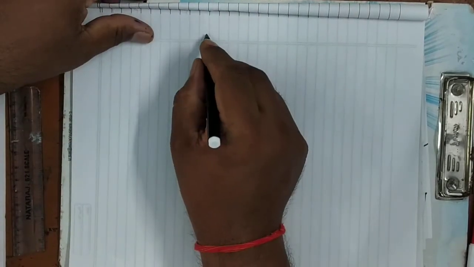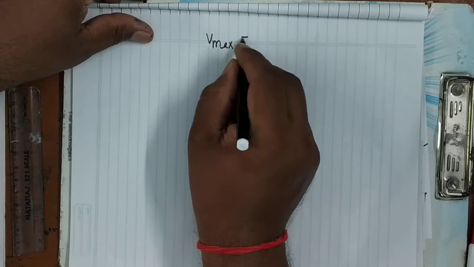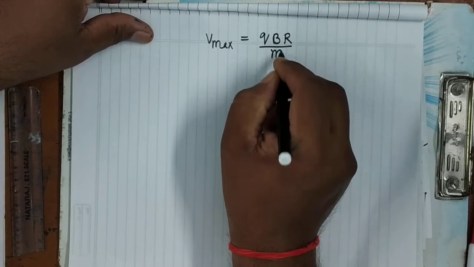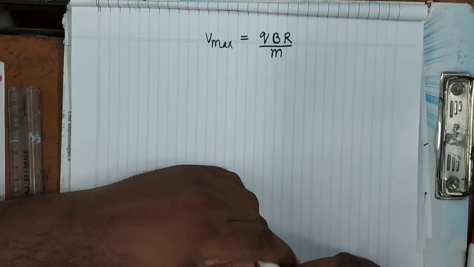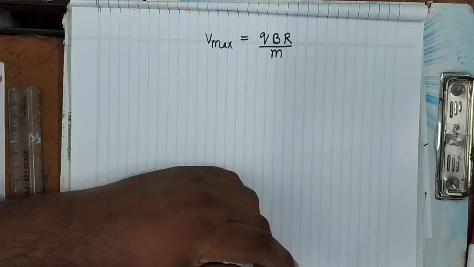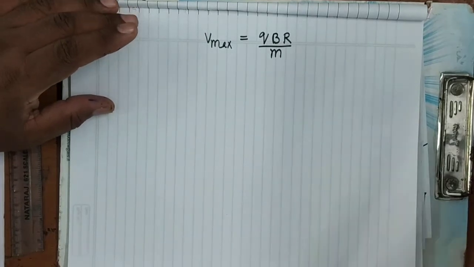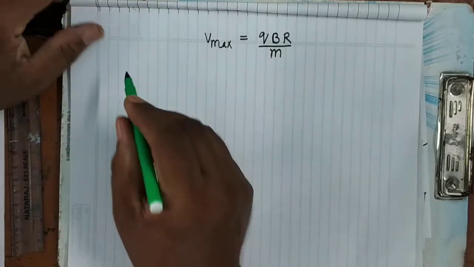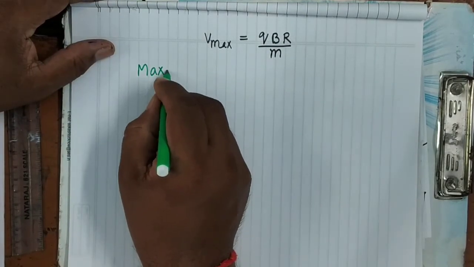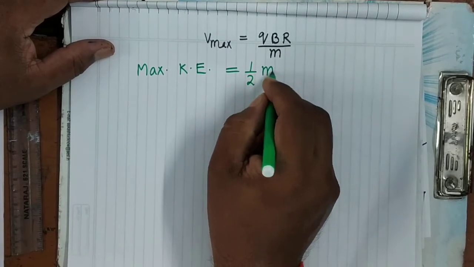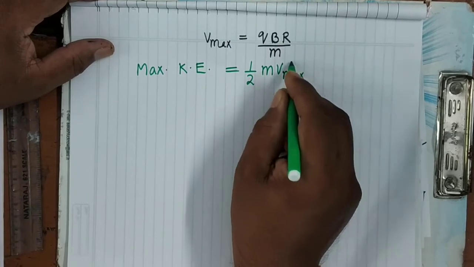As you have seen, the maximum velocity v max equals qBR upon m, where m is the mass of the positively charged particle, q is the charge, B is the magnetic field strength, and R is the radius of the semicircular Dee. So the maximum kinetic energy equals 1/2 m v max square.